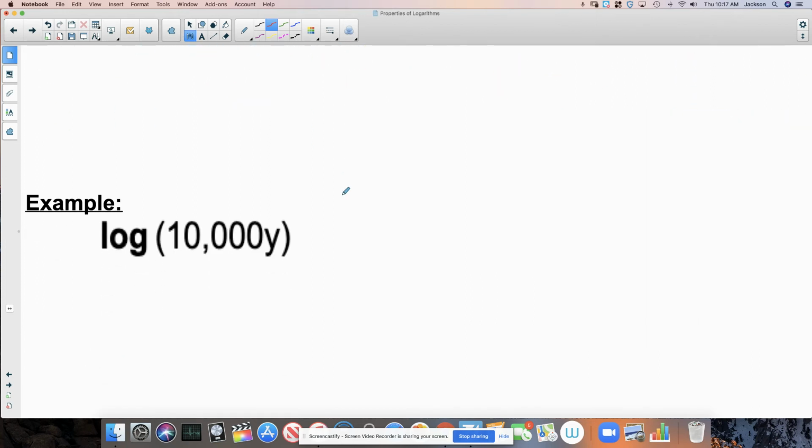All right. Here's one example. We have a log with no base. Remember that this is a common log, so this is really log base 10. Inside this logarithm, we have the product of 10,000 and y.